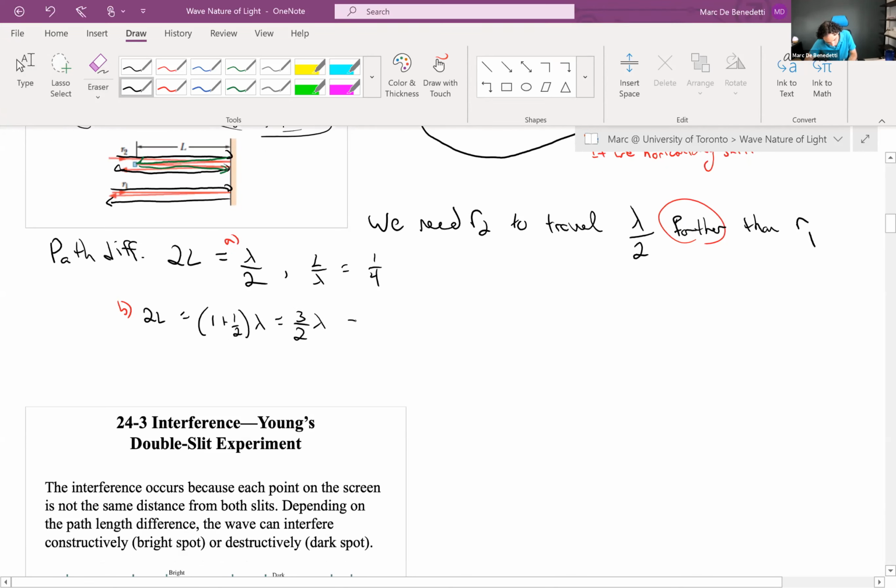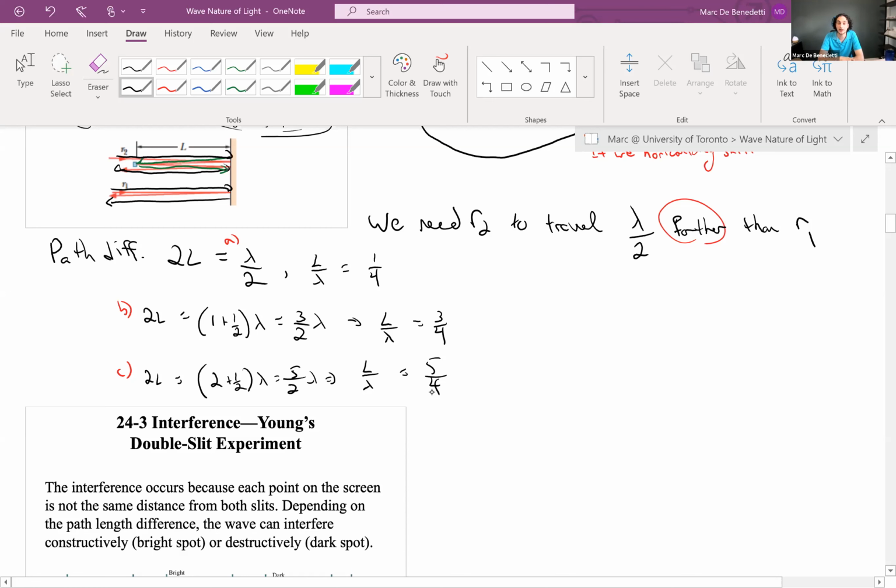And if you solve for L over lambda, you get 3 over 4. And then part C is a very similar thing. Instead of 1 plus a half, it would be 2 plus a half lambda, which is 5 over 2 lambda. And that means L over lambda is going to equal 5 over 4.